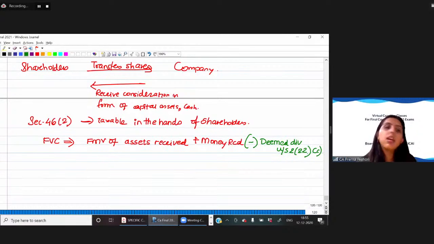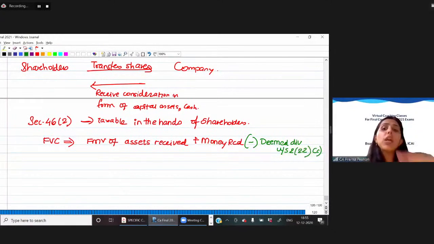2(22)(c). Do you remember? We will also deal with deemed dividend in the later class, but the deemed dividend under section 2(22)(c), what does it say? It says that if the company distributes the assets on liquidation, then to the extent of accumulated profits, that will be considered as deemed dividend in the hands of the shareholder.